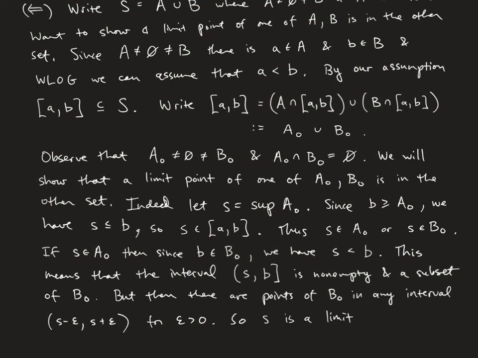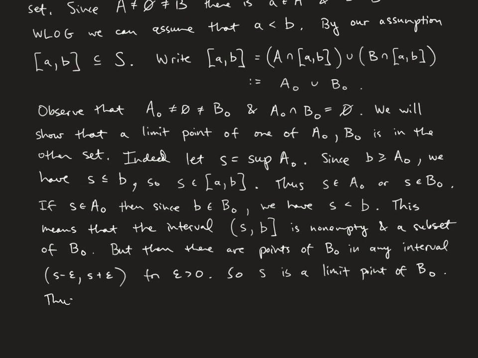Remember, what does it mean to be a limit point? Well, there are points of B naught, and S is not in B naught, so there are points of B naught in the punctured interval, not equal to S. So that tells us that S is a limit point of B naught.